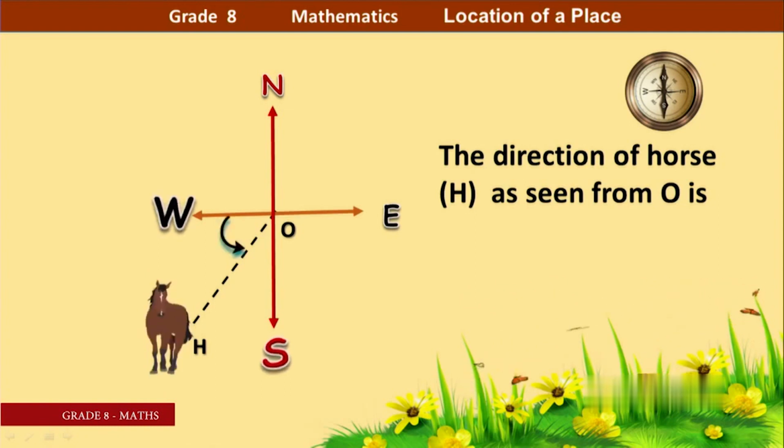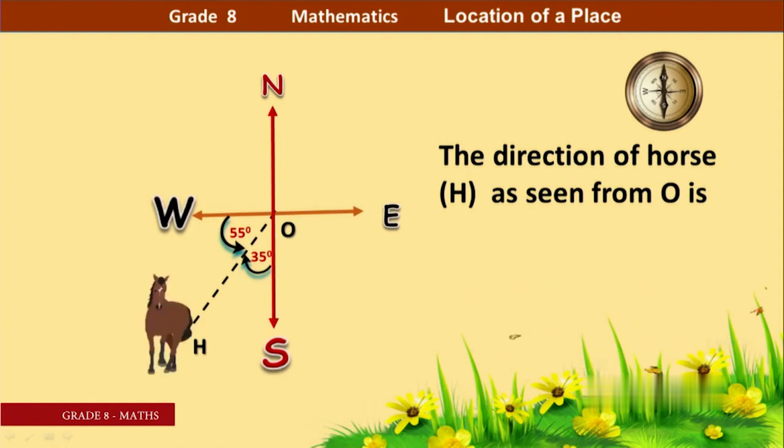Okay, it is exactly between the main directions west and south. So, we can measure the angle either from the west direction or from the south direction. What to do now? Which angle do you take? Which one is the suitable one? Which one is the correct one?